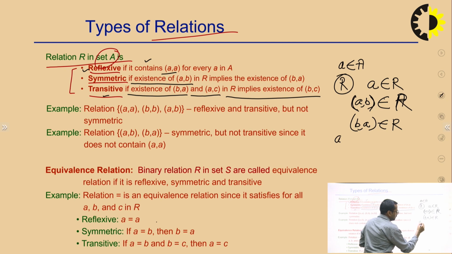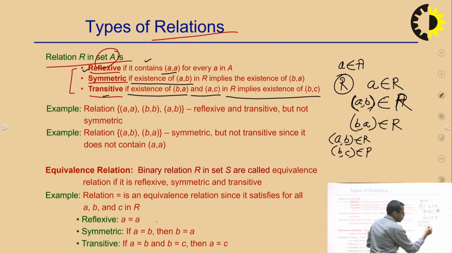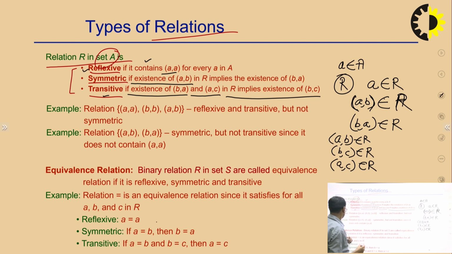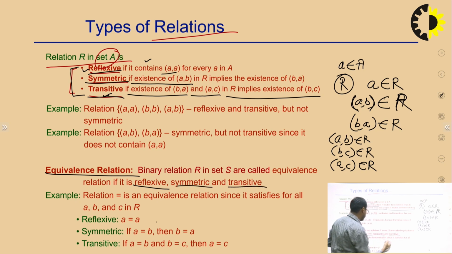Suppose that an ordered pair (a, b) exists in R and also the ordered pair (b, c) exists in relation R. There should be the ordered pair (a, c) in the relation R. It is the transitive relation. If reflexive, symmetric and transitive conditions all exist, then it is called an equivalence relation. A binary relation R in set S is called equivalence if it follows these three criteria: reflexive, symmetric and transitive.